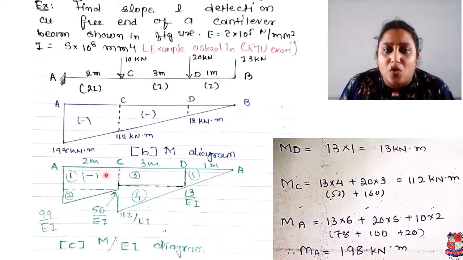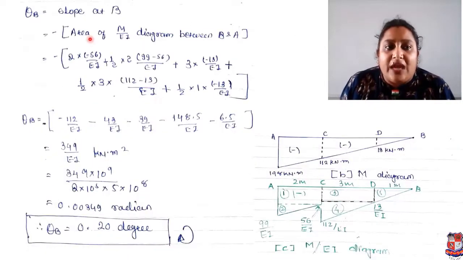Because to find slope and deflection, we need the area of all the shapes. After the M upon EI diagram calculations, we plot the M upon EI diagram, then we have to go for the slope at B.